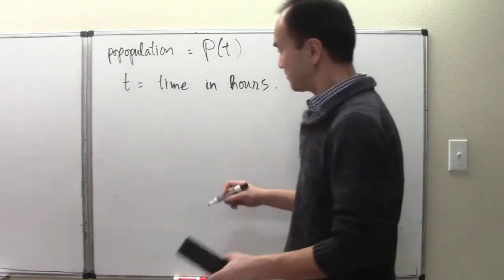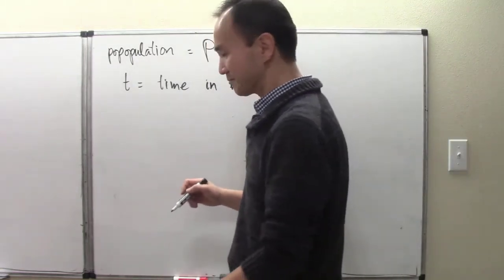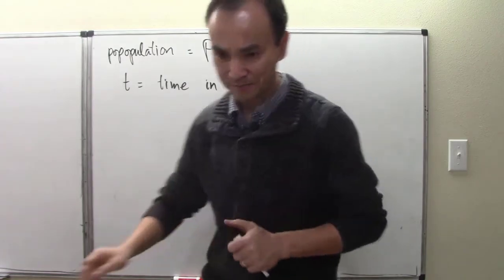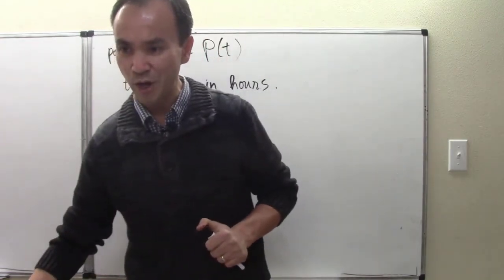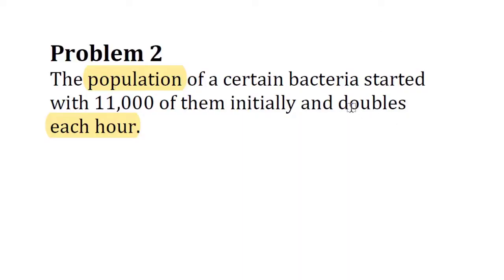And just like what we've done earlier, the bacteria is growing. How do I know it's growing? Because it doubles each hour. Now allow me to tackle the initial amount first. At the start we had 11,000 of them initially.